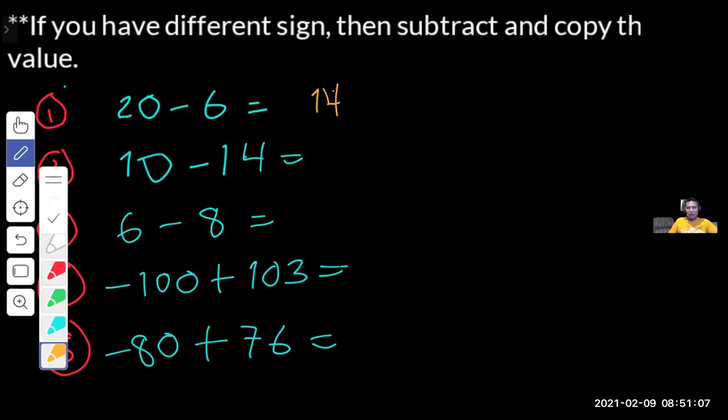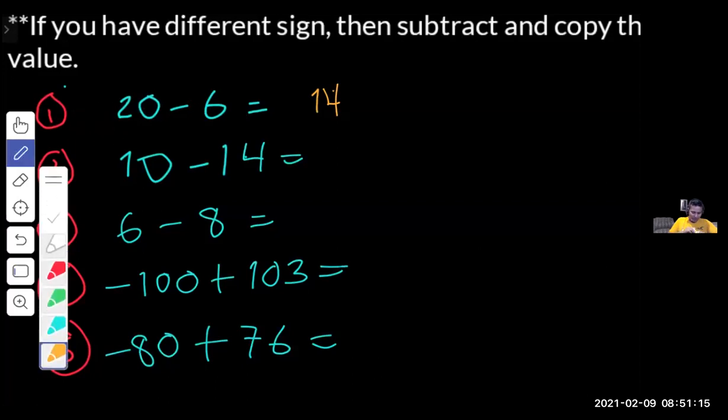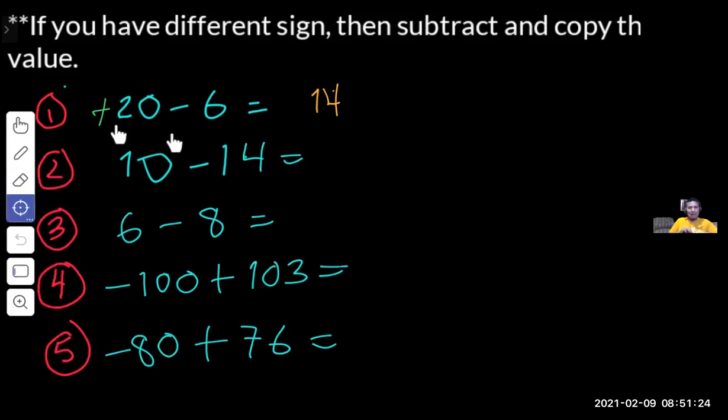But here, guys, we are using the rule. Take a look that we have different signs. This one doesn't have any sign, which means it is positive. We have two different signs, positive and negative. What do we have to do? Subtract.